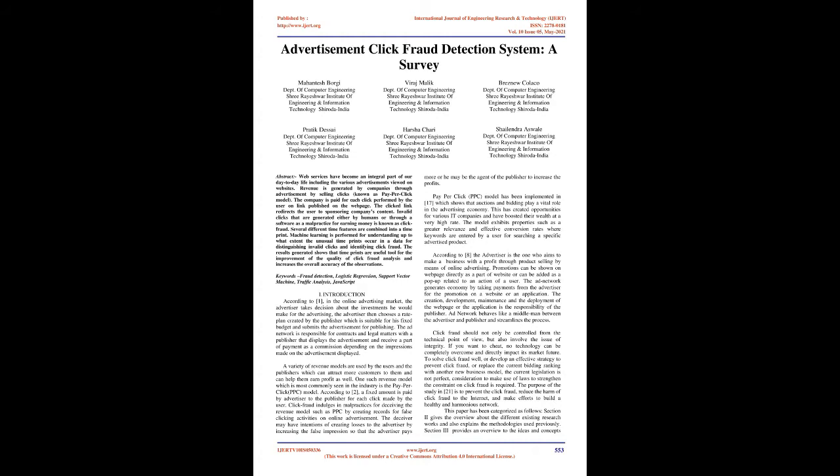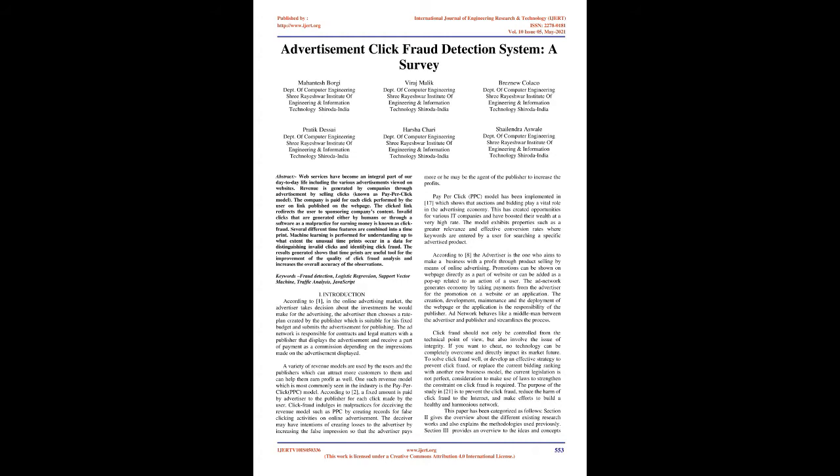Introduction. According to [1], in the online advertising market, the advertiser takes a decision about the investments he would make for the advertising. The advertiser then chooses a rate plan created by the publisher which is suitable for his fixed budget and submits the advertisement for publishing.